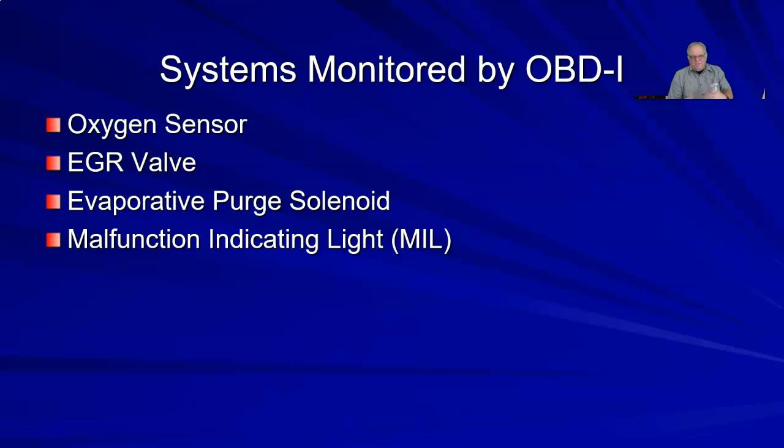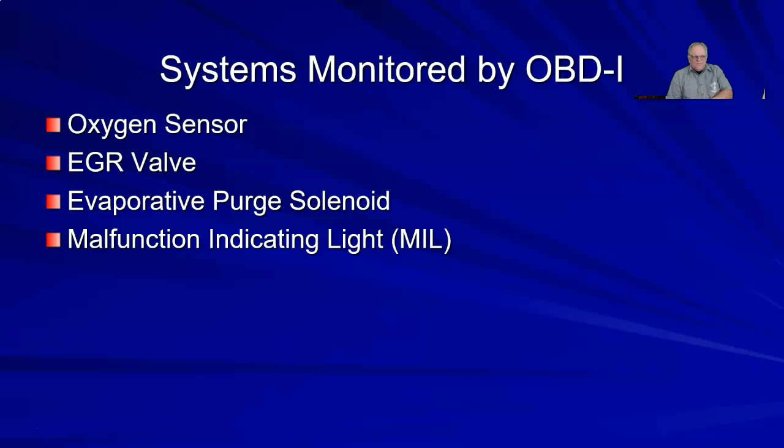Or voltage went above 850 for 30 seconds or so, and now it's set a code for rich exhaust. The oxygen sensor had to be completely dead before it's going to set an oxygen sensor code. And oxygen sensors degrade slowly over time.